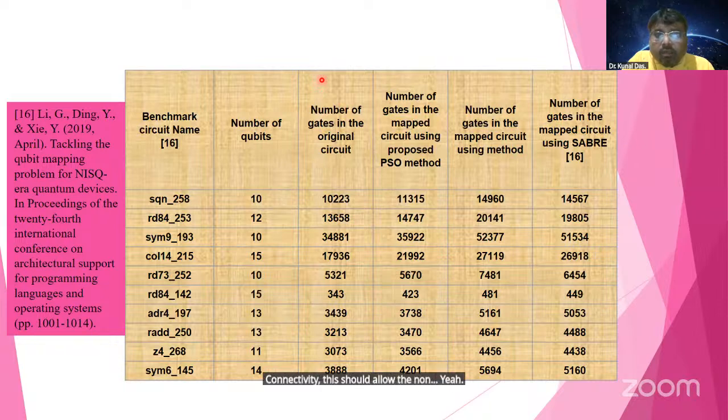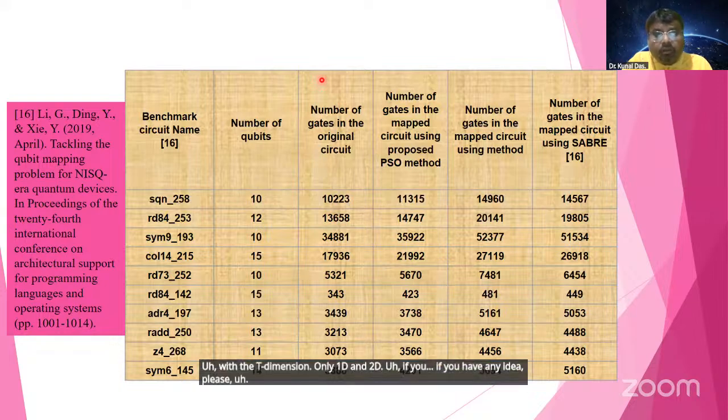Yeah. That is a very interesting one. Sorry, we are not working with 3 dimensions, only 1D and 2D. If you have any idea, please contact me or share your contact.